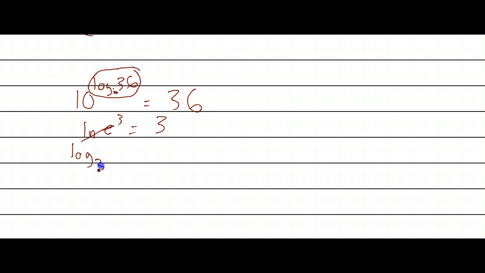So log base 3 of the square root of 27. If you rewrite this as log base 3 of 27 raised to the 1/2 power, using the log rules, it's 1/2 times log base 3 of 27.